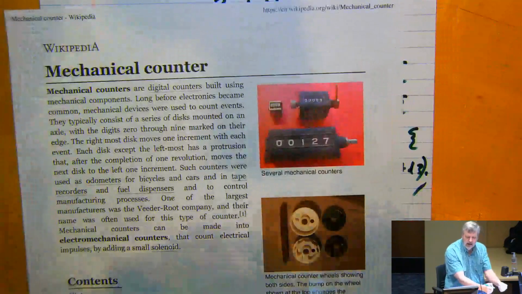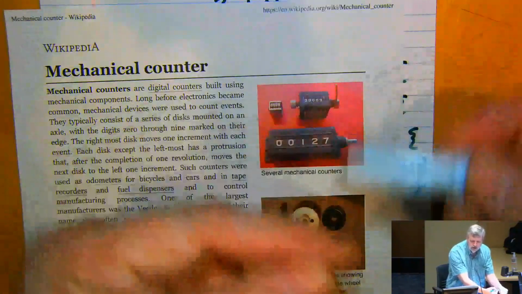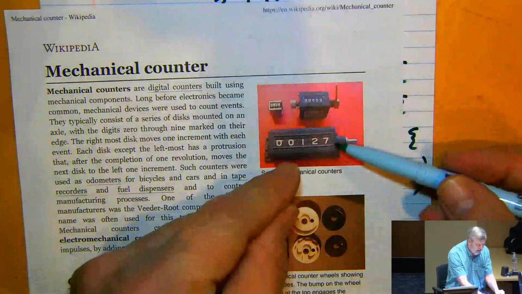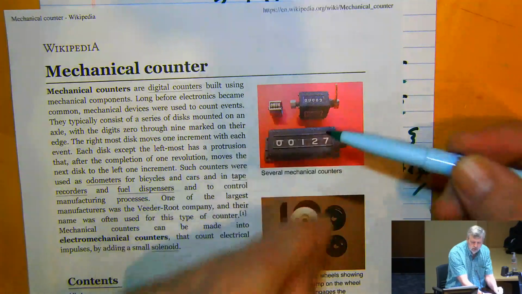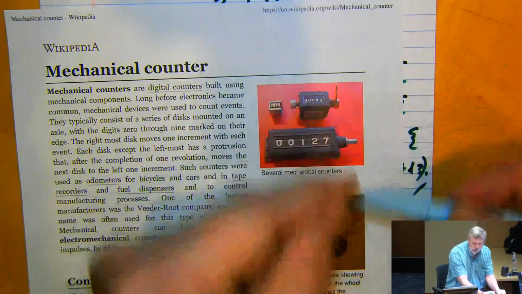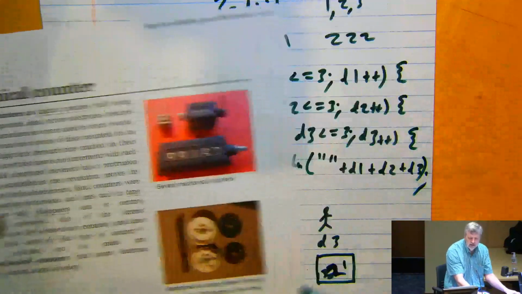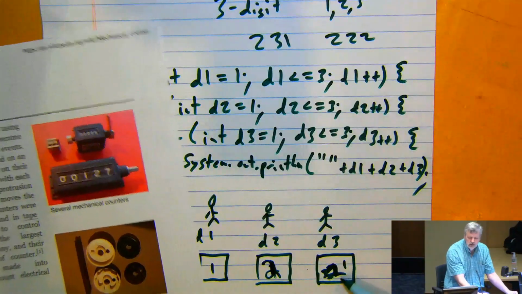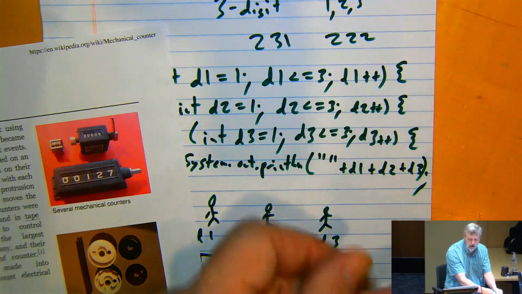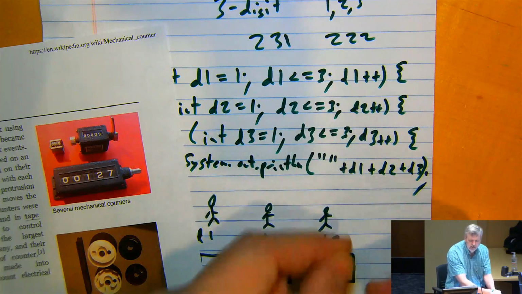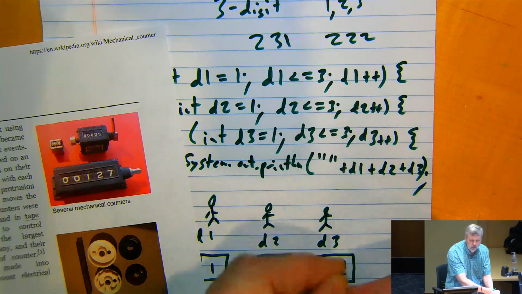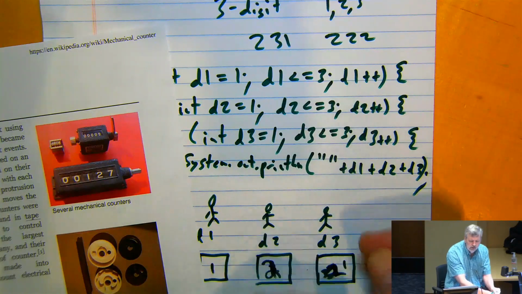The way these counters work is you have wheels that turn. There's a third wheel here that goes 1, 2, 3, 1, 2, 3, 1, 2, 3. That's what we would see with this person if they were holding up a card that said 1 or 2 or 3: they'd be going at a very steady pace.